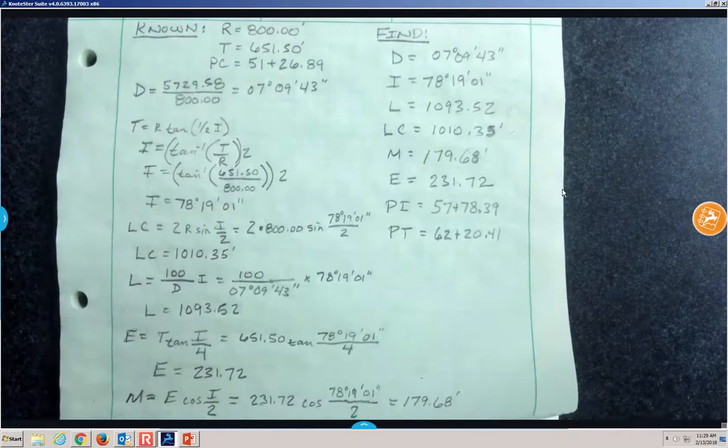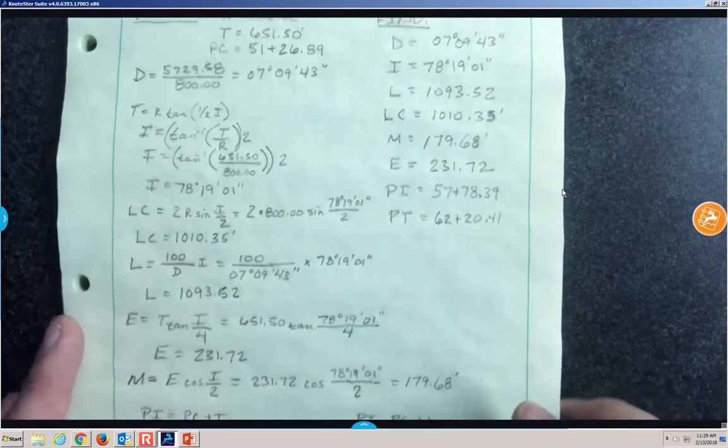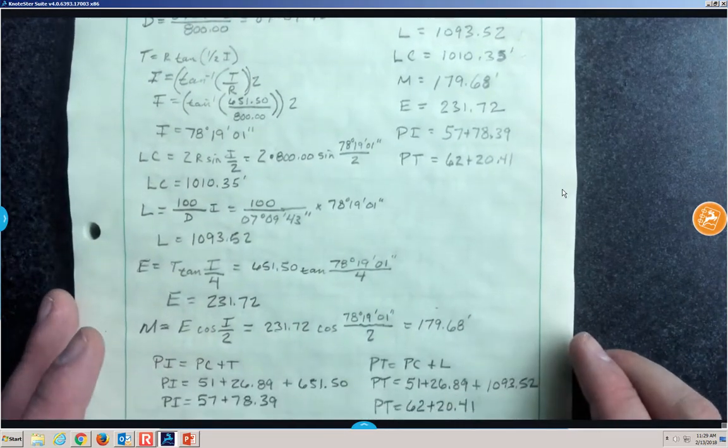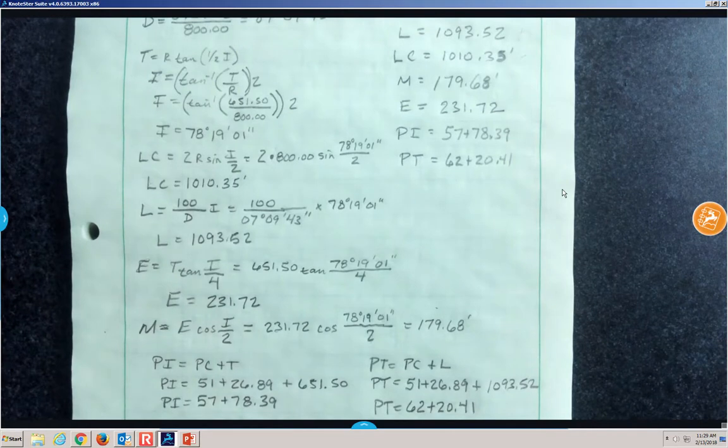Shall we do one more? On stationing, you never put a foot symbol on it? No. Most plan sets will tell you what the units are, meters or feet.